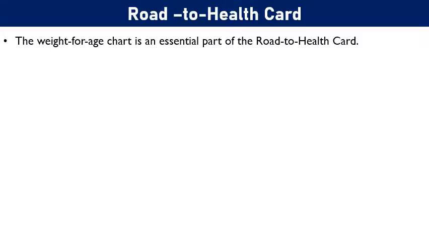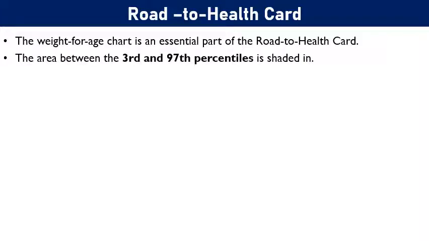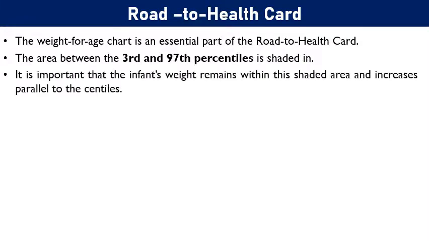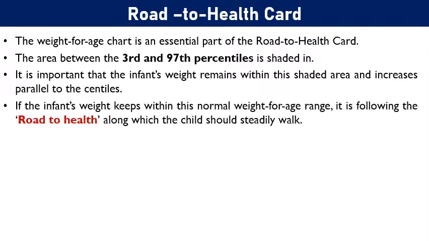Another component is the road to health card. The weight for age chart is an essential part of the road to health card, and the area between the third and 97th percentile is shaded in. It is important that the infant's weight remains within the shaded area and increases parallel to the percentiles.